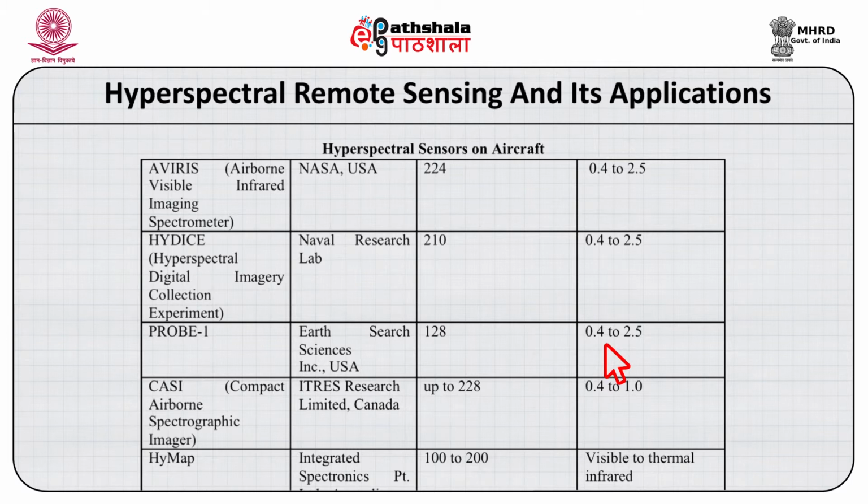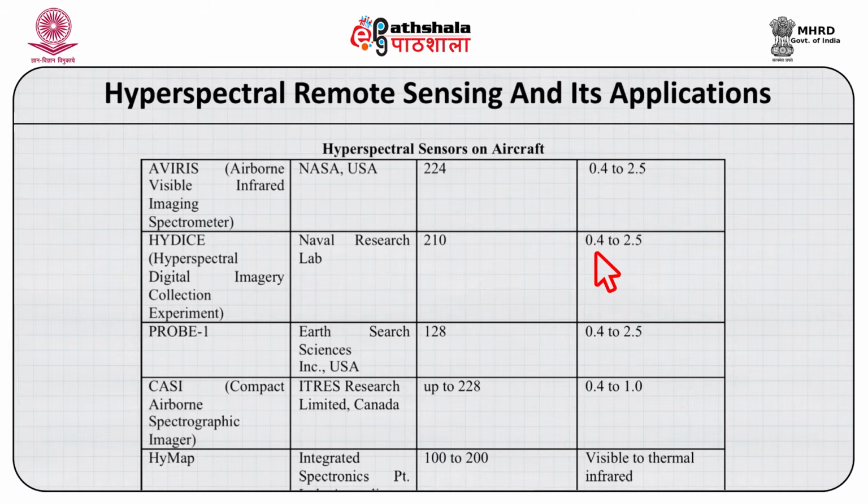One is called Airborne Visible Infrared Imaging Spectrometer. Again, it is a NASA product of the US, which has 224 spectral bands, and the spectral range is again 0.4 to 2.5. Similarly, another sensor is HYDICE, that is Hyperspectral Digital Image Collection Experiment. It is a naval research product which has 210 spectral bands and the region is the same.